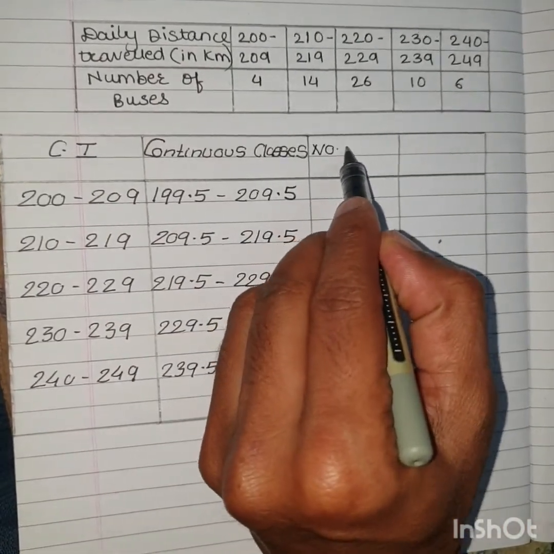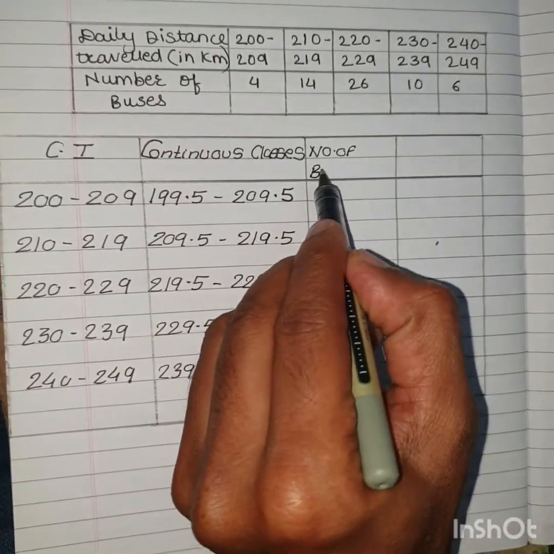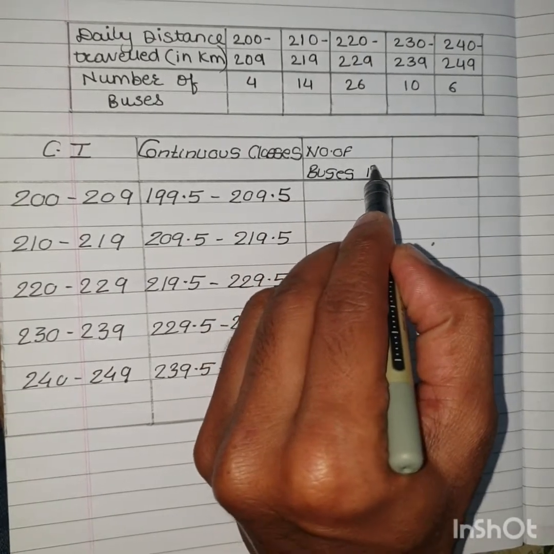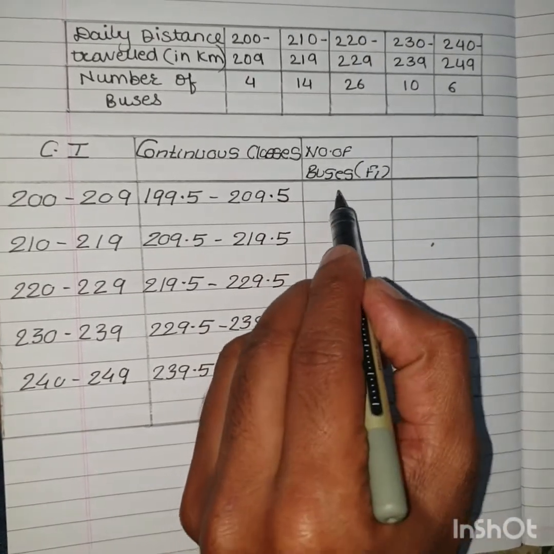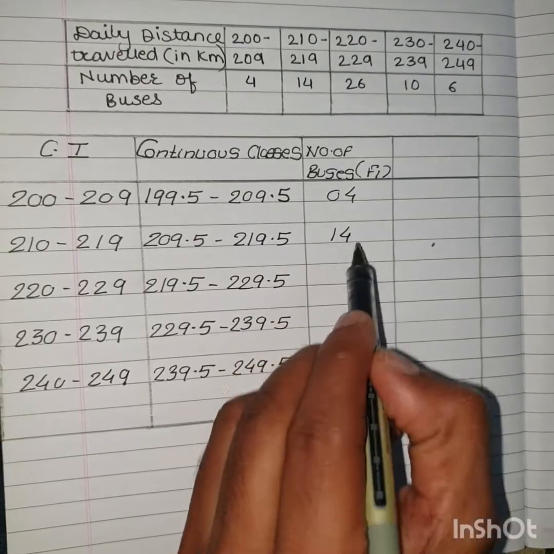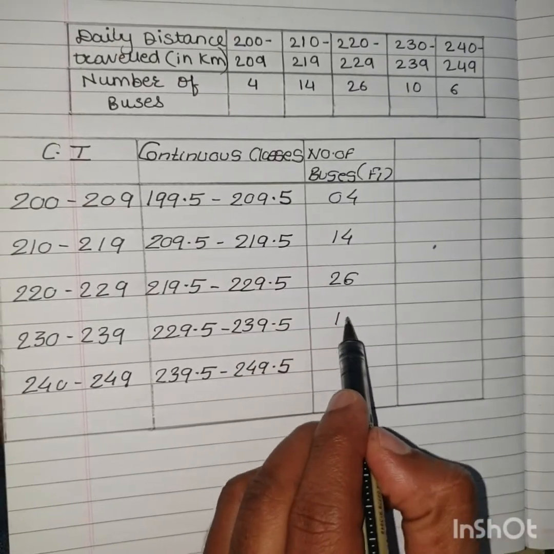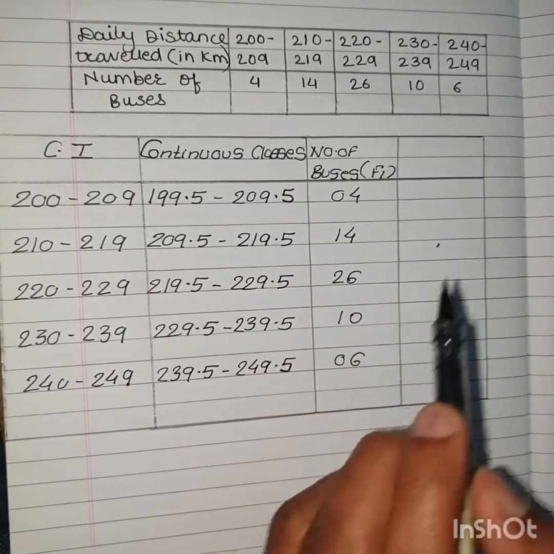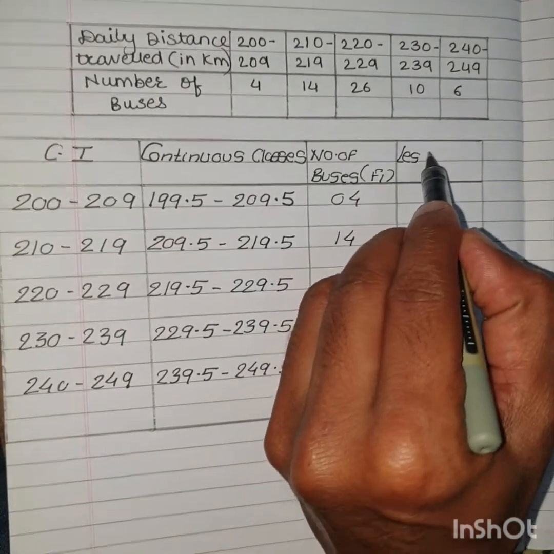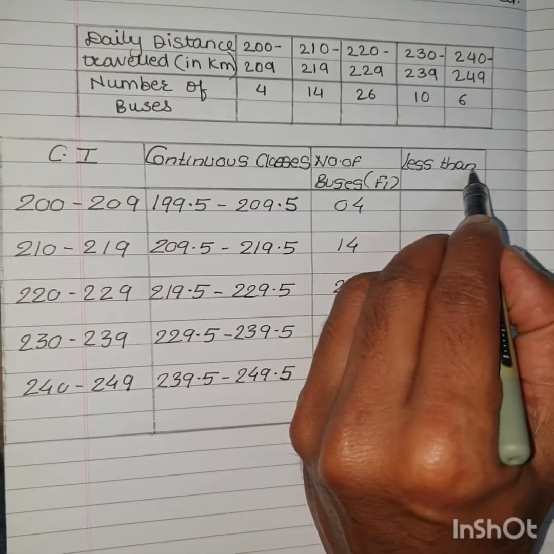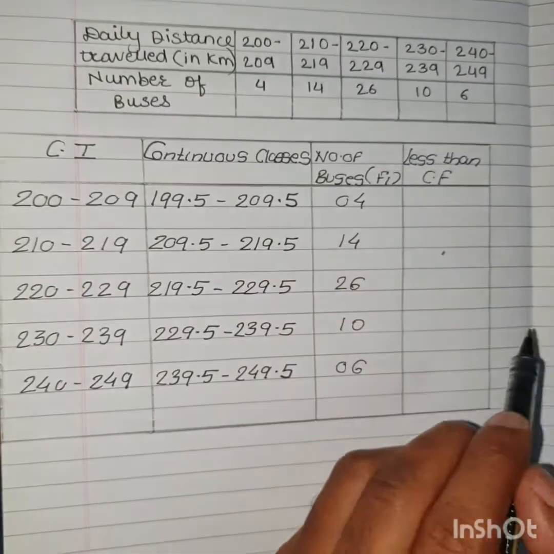Next, number of buses, that is FI: 4, 14, 26, 10, 6. Less than CF. Now in first example we have seen how to find out less than cumulative frequency.